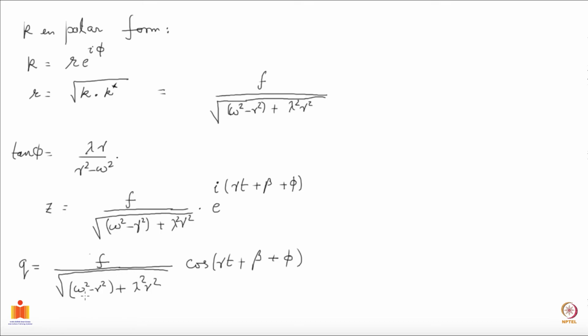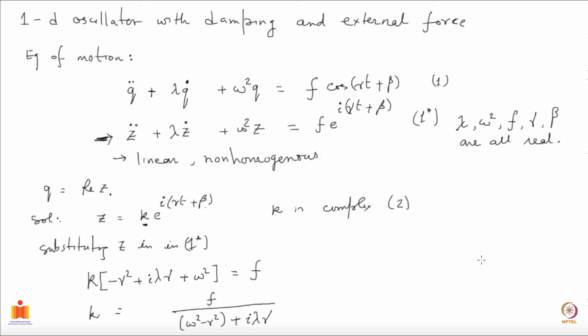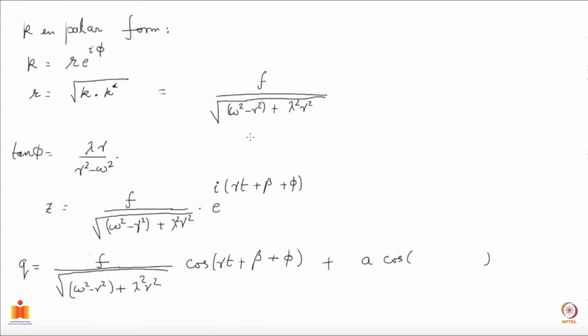This part is just a particular solution, and I should add to this a cos of what? Let's go back. If the right hand side is 0, this is the equation which you had for the damping case, this homogeneous equation. So I will get what you got there last time.